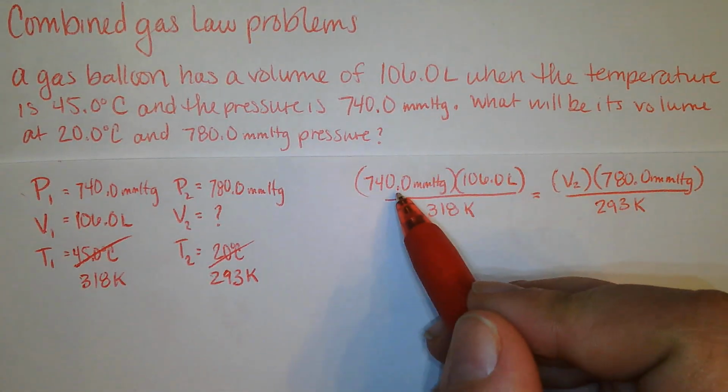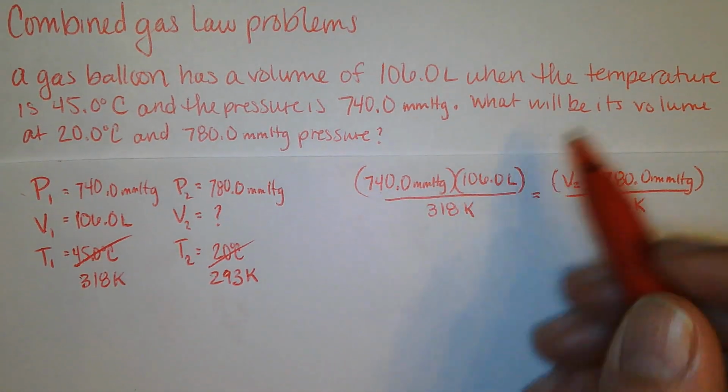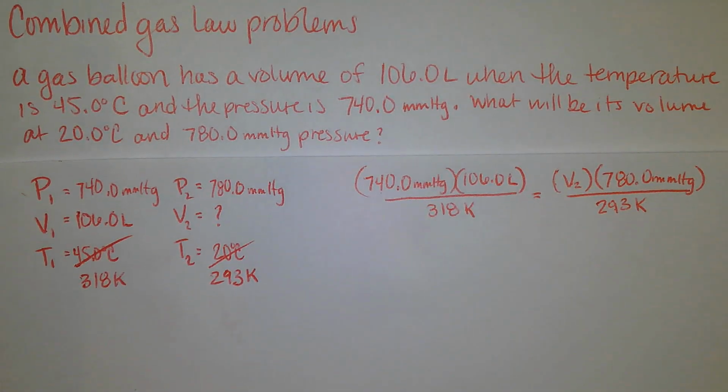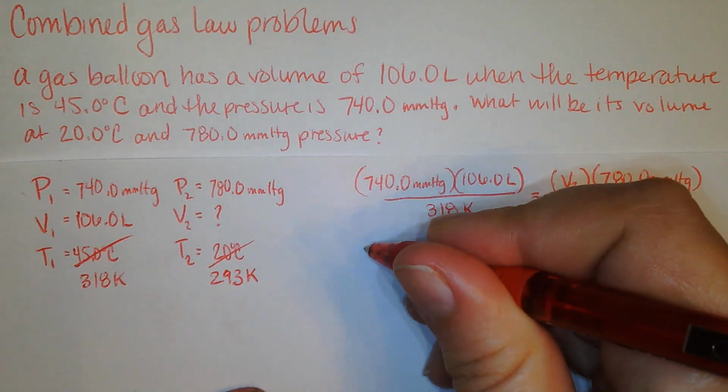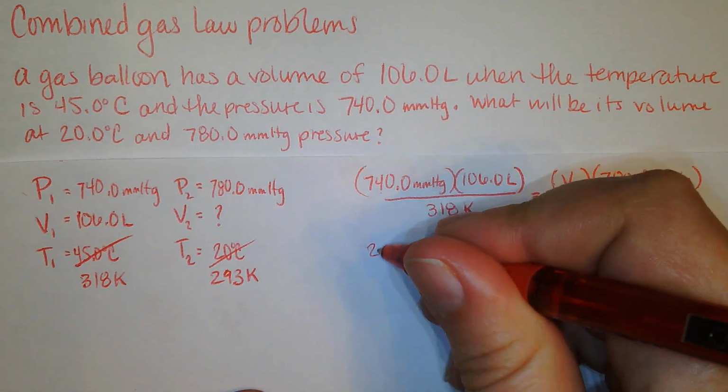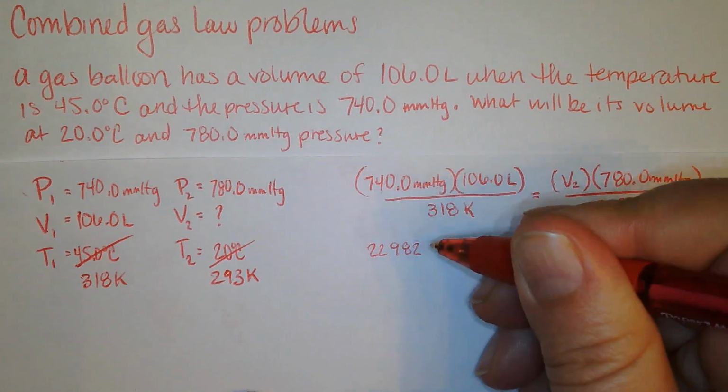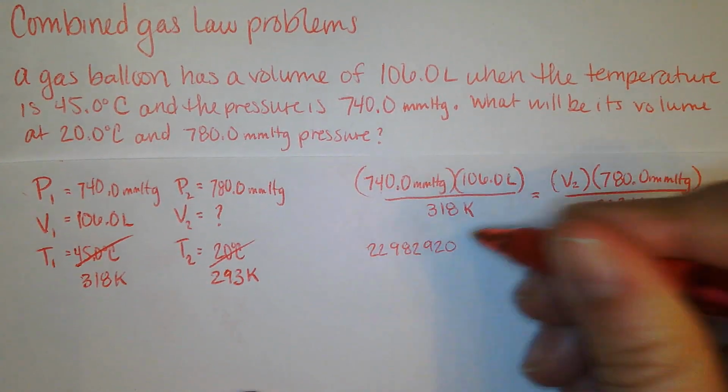Now all we're going to do is cross multiply and divide just like we did before. So cross multiply 293 times 740 times 106. Let me grab my calculator. So 740 times 106 times 293 equals, whoop, big number, 22,982,920.